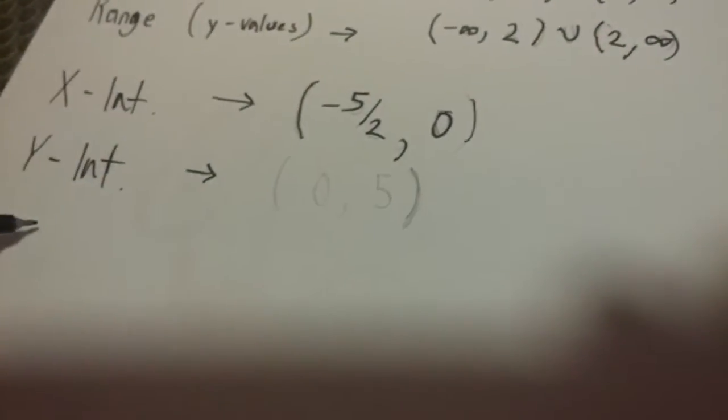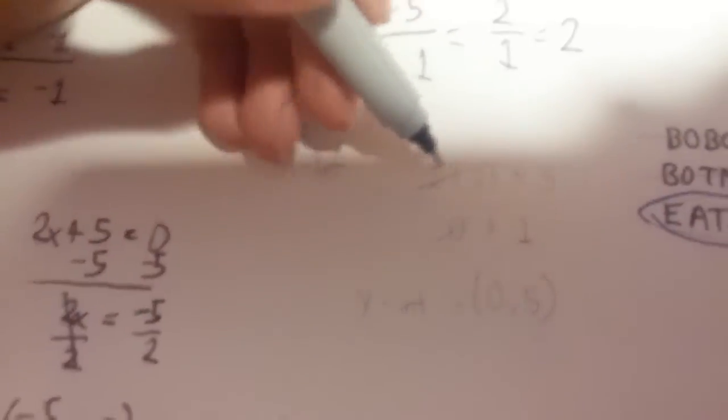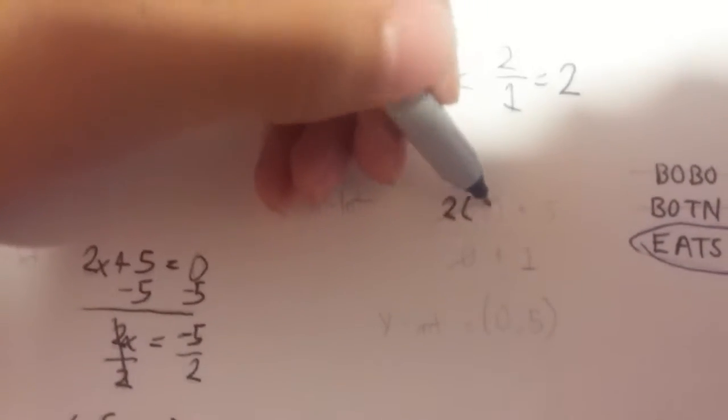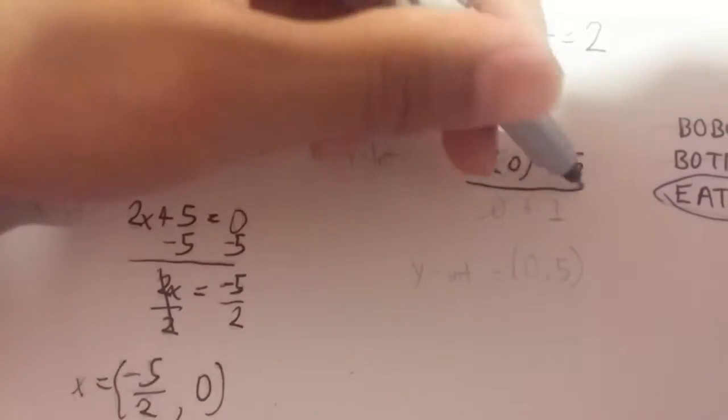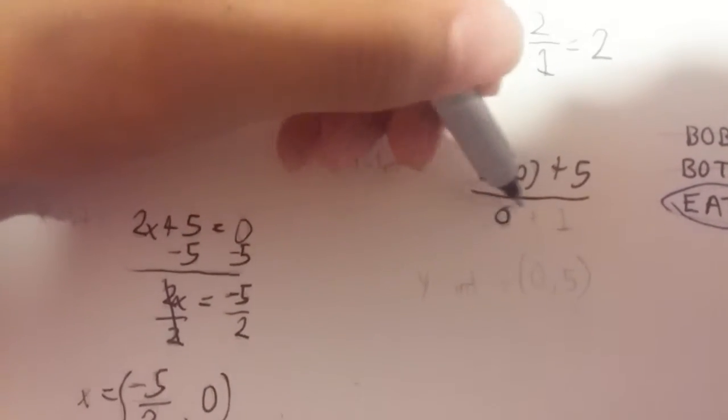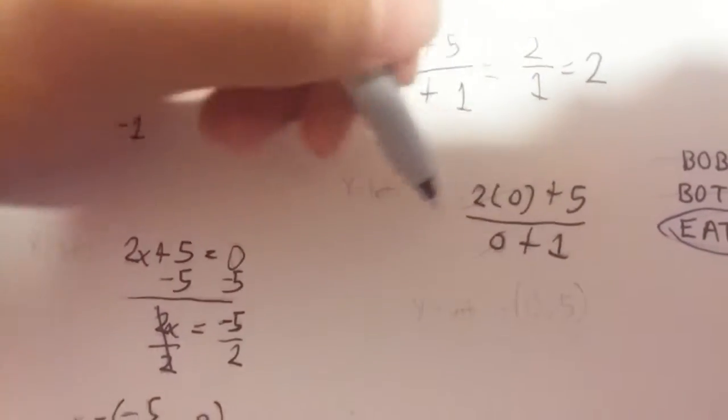And for the y-intercept, we used the same equation, except we switched the x for 0, in which 2 times 0 plus 5, divided by 0 plus 1.